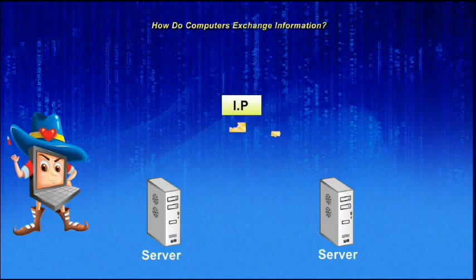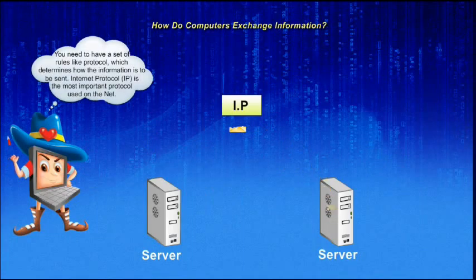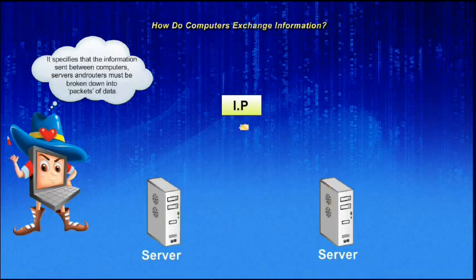How do computers exchange information? You need to have a set of rules like protocol which determines how the information is to be sent. Internet Protocol (IP) is the most important protocol used on the net. It specifies that the information sent between computers, servers, and routers must be broken down into packets of data.